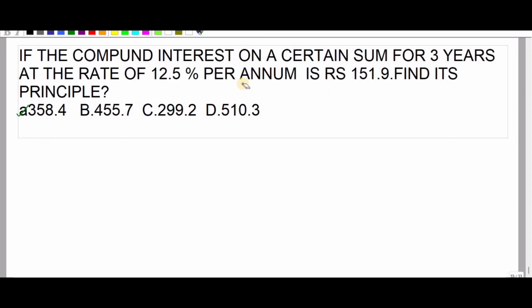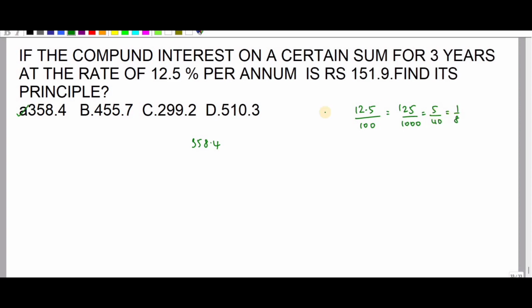How do we check the answer? For 358.4, I'm getting 12.5 as my interest per annum. 12.5 divided by 100, I can write it as 125 divided by 1000, that is nothing but 1 divided by 8.